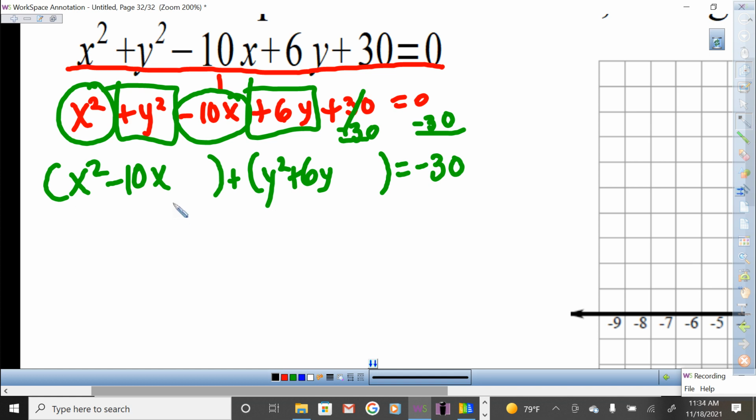All right, so what shall we do here, Saul? Over 2 squared, yeah, and whatever we do to one side of the equation, we do to the other, negative 10 over 2 squared. How about here, Sky?